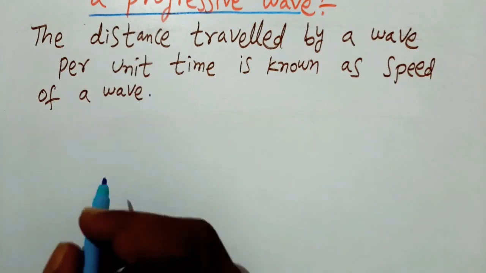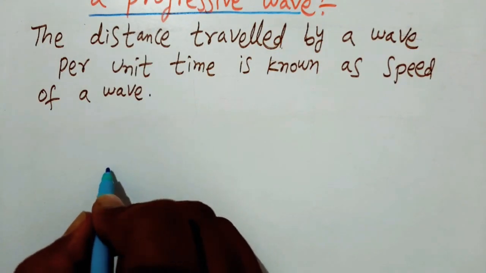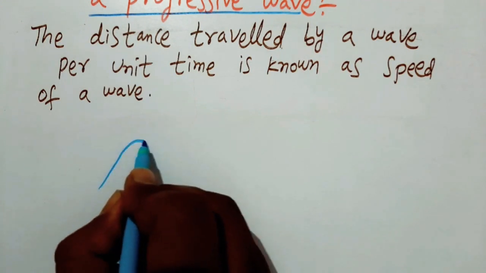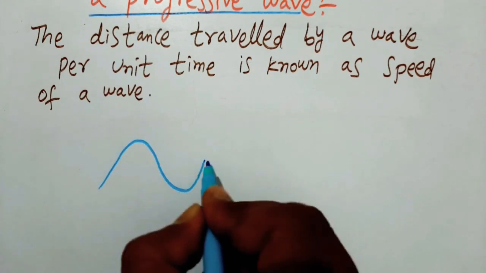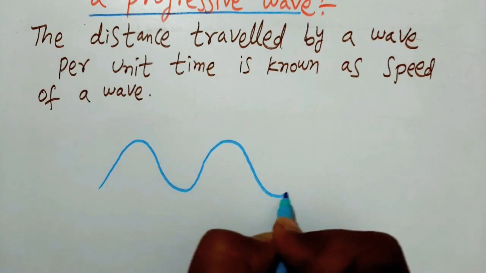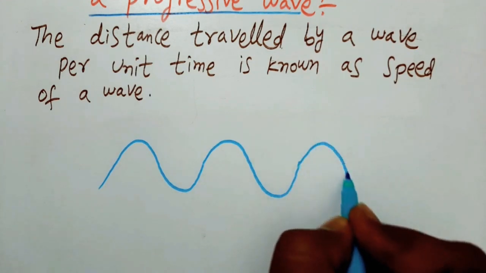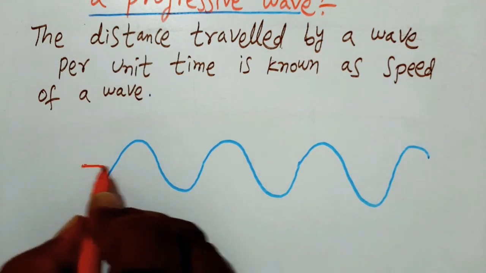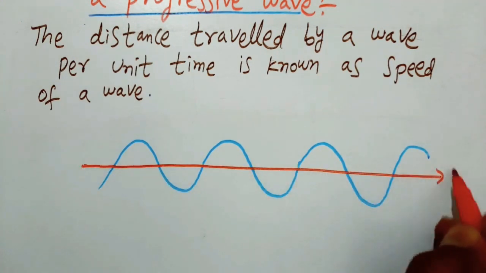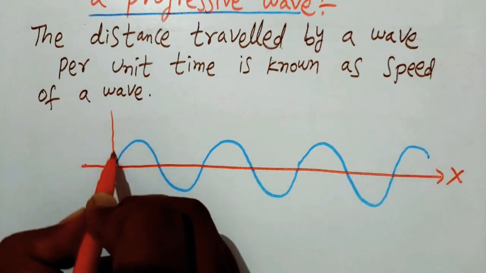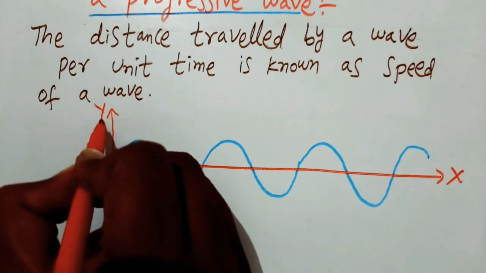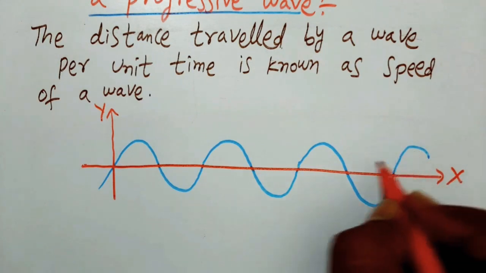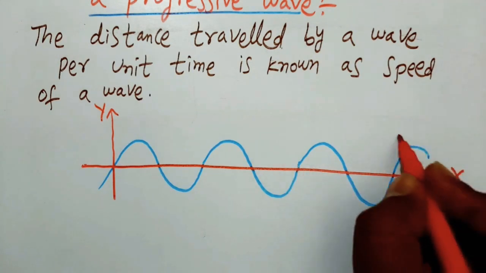Let us take a wave that is propagating along the positive x-axis. Here it is the x-axis and this is the y-axis. The wave is propagating along the positive x-axis.